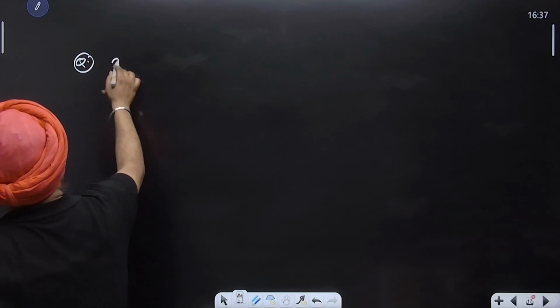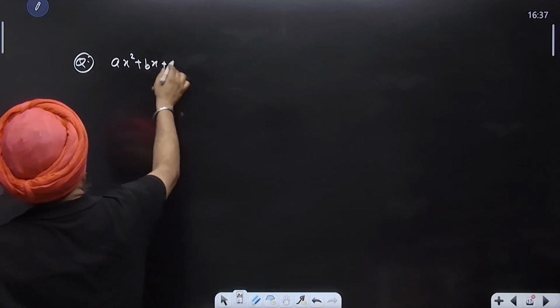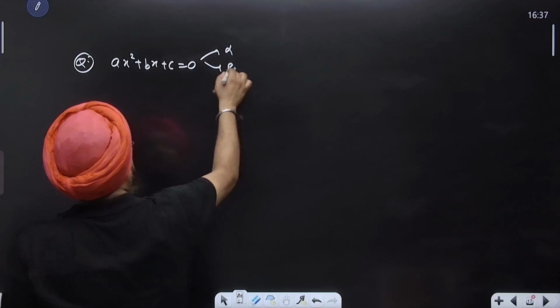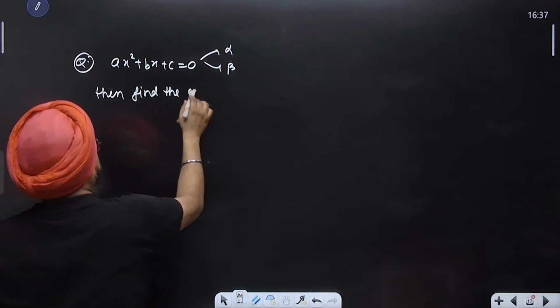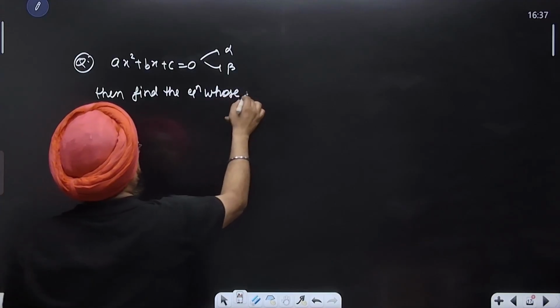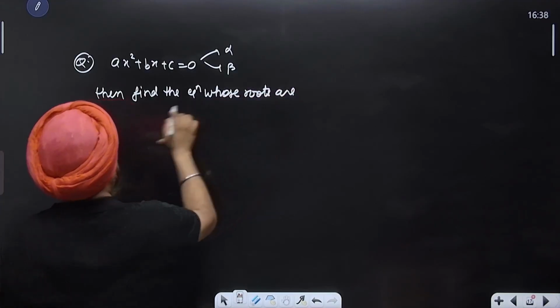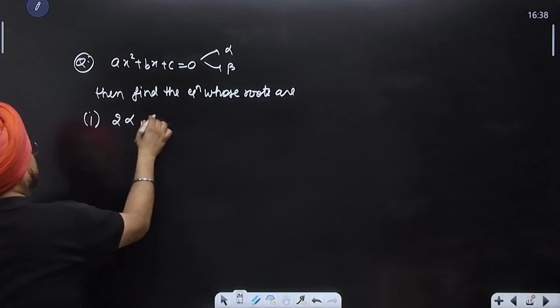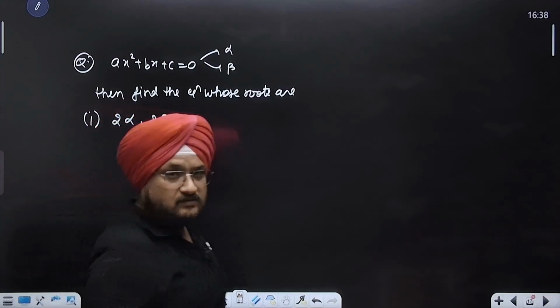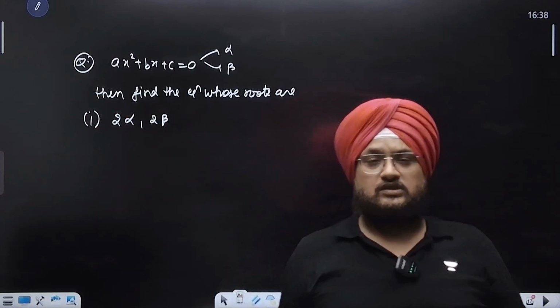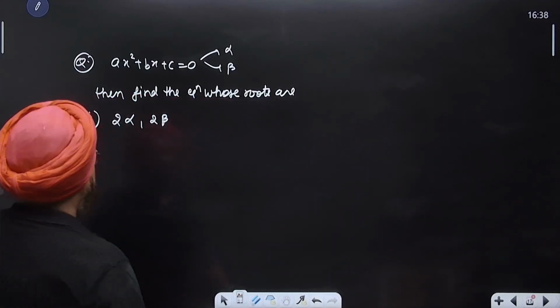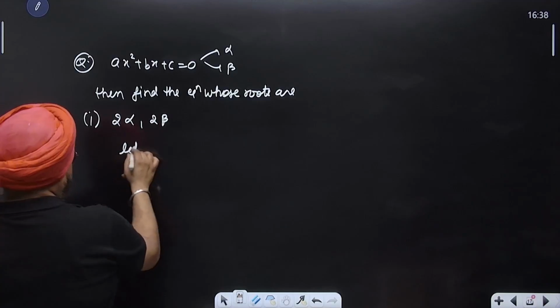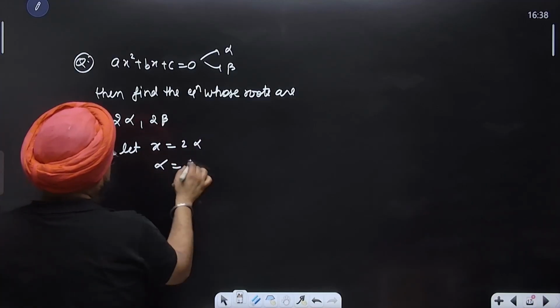We can take some more examples. ax square plus bx plus c equal to 0 has roots alpha, beta. Then find the equation whose roots are 2 alpha, 2 beta. So if I have to find the equation whose roots are 2 alpha and 2 beta, then let x is equal to 2 alpha, so alpha is equal to x by 2.